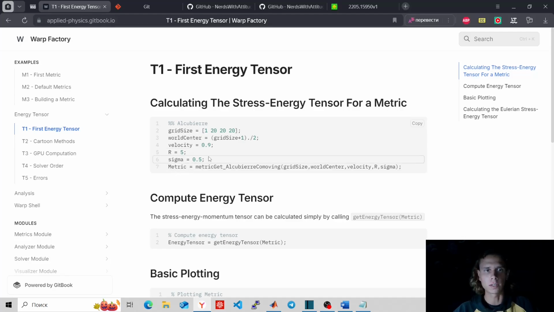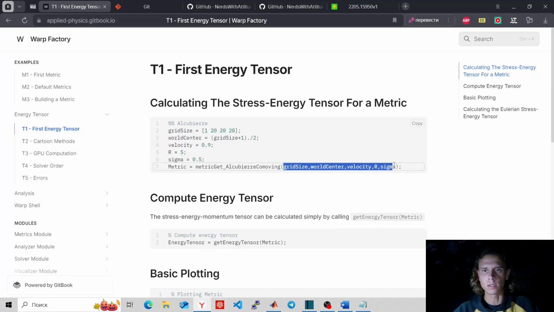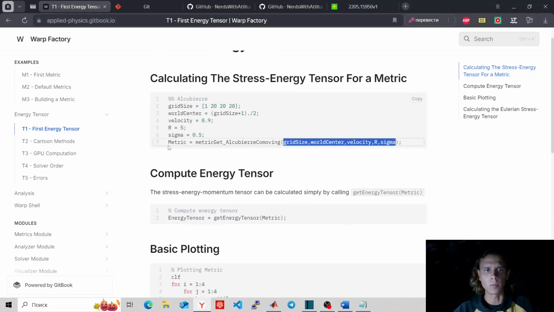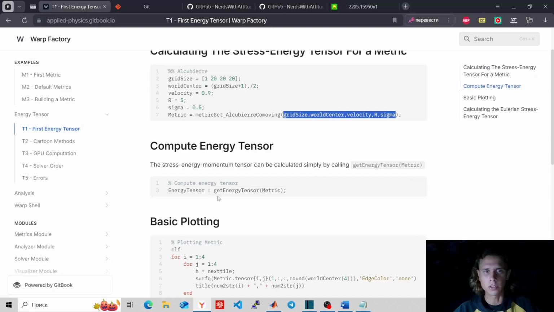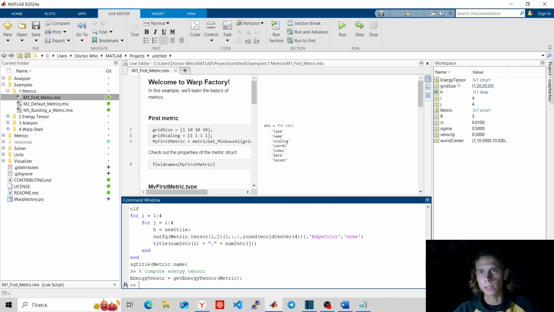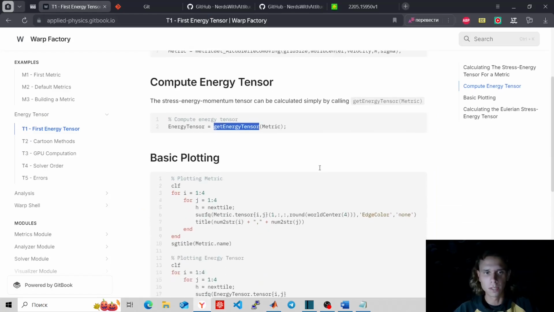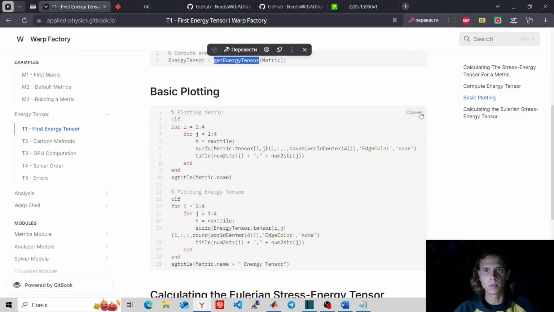We again specify these parameters that go into our metric, and we define our metric, and we compute energy tensor just by calling this function get energy tensor, and we input our metric. Pretty simple. I'll do this in my MATLAB, and I have my energy tensor like this. Then I can do basic plotting.